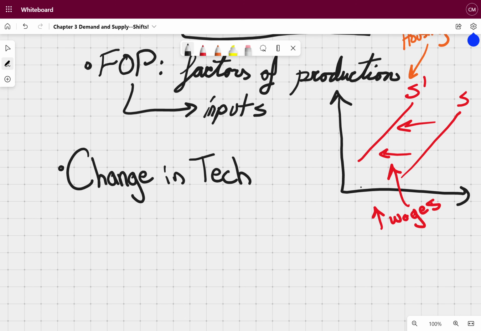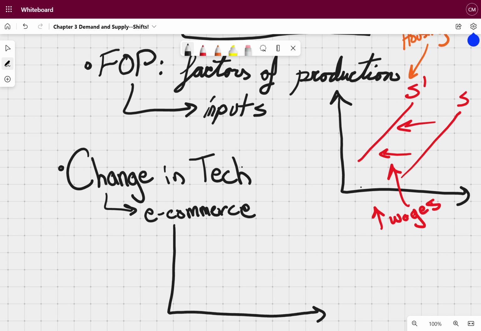Right? So, internet distribution of products, just the advent of e-commerce, right? So just e-commerce being a thing is going to cause there to be a shift outwards, as it becomes easier and easier to purchase things and sell things on the internet, the supply is going to shift outwards.